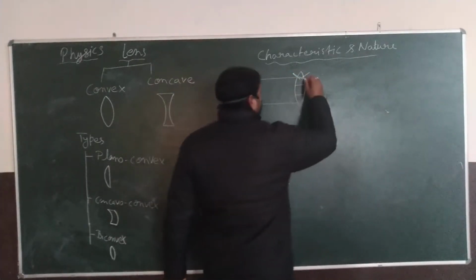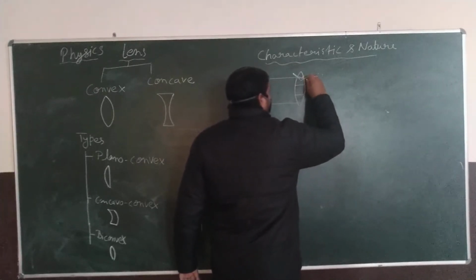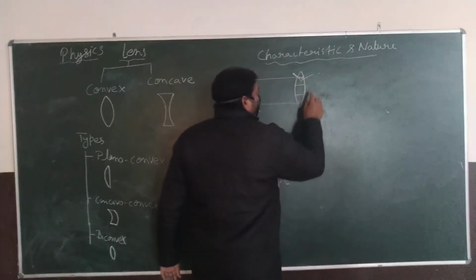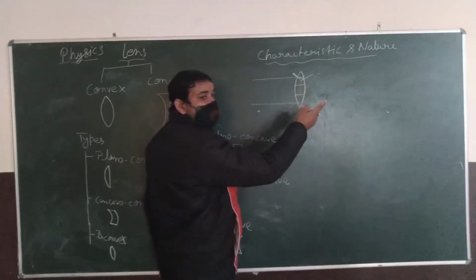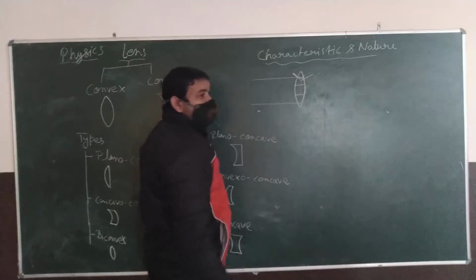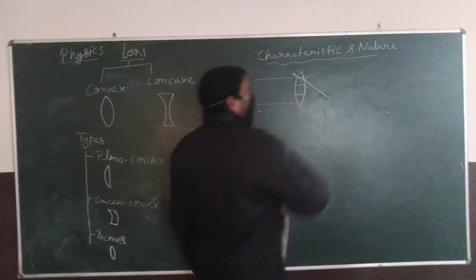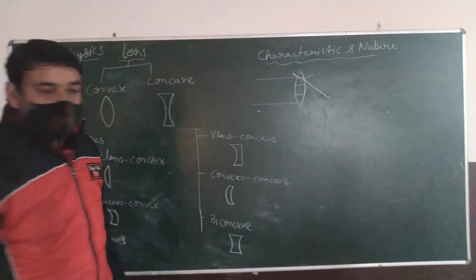And thereafter, this is the second normal, and the light should go here, but it comes out from the denser to the rarer medium, so it needs to bend away from the normal. Clear?